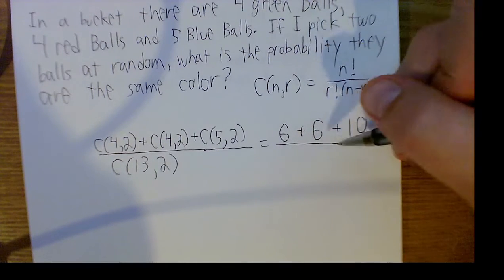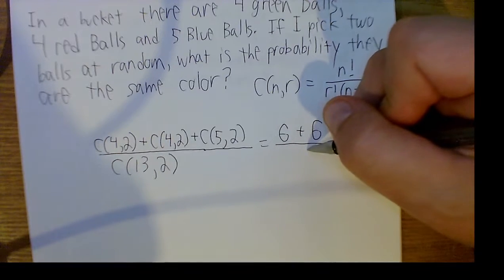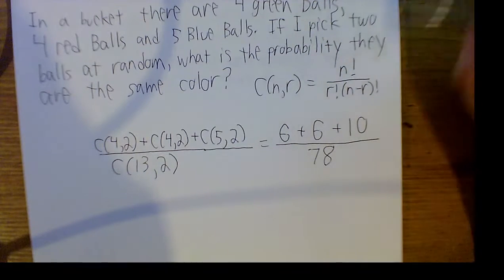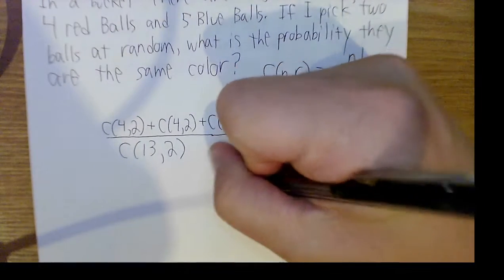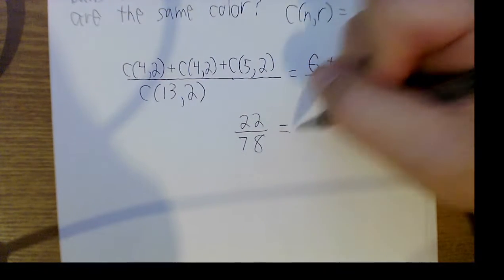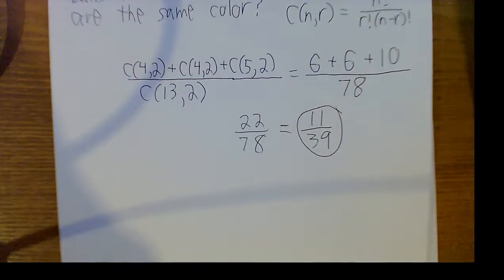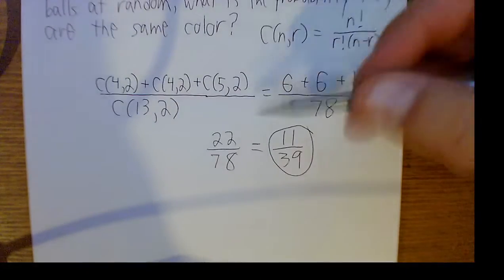That would be 78, I believe. Or I'm sorry, let me check that real quick. Yep, 78. So then I have 22 over 78. Of course, you can simplify this down to be 11 over 39. Great. So that's the probability that I pick 2 balls of the same color of any of these balls here.